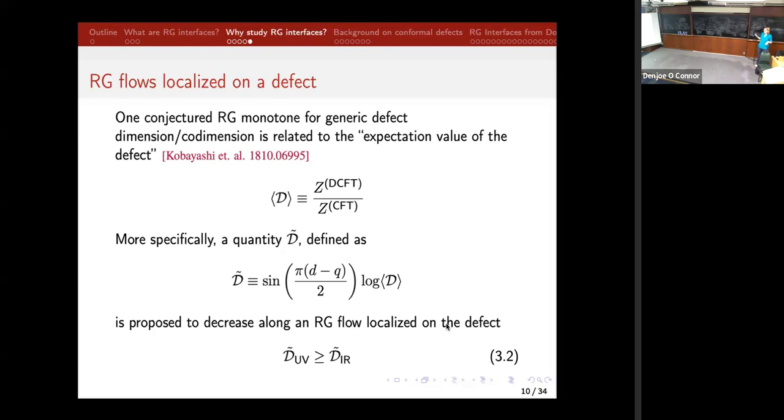But that's not actually the RG monotone proposed. It's this sinusoid multiplied by the log of the expectation value of the defect that's proposed to decrease along RG flow. So the statement of this defect C theorem is that the UV value of this tilde D is greater than or equal to the IR value.